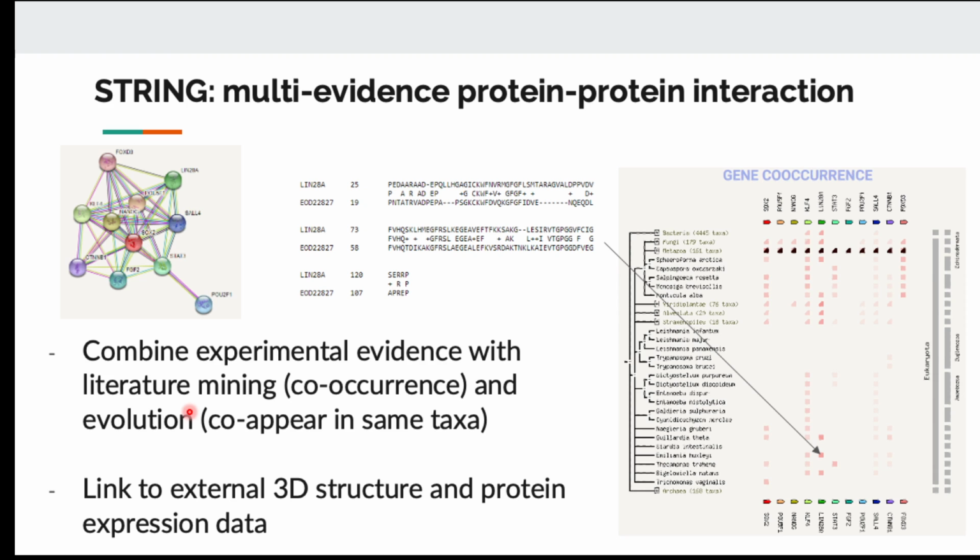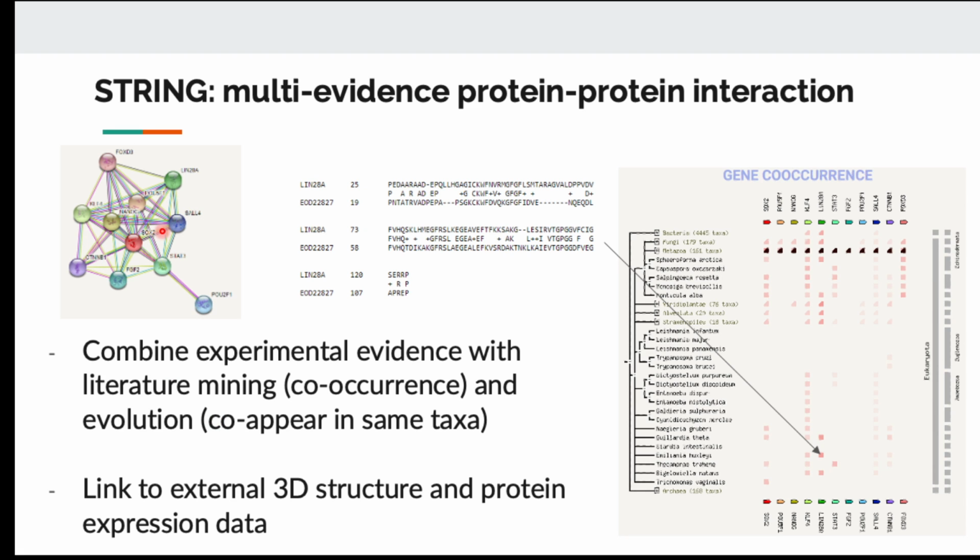So that's an evolutionary evidence that maybe these proteins perform some function together, because in bacteria that doesn't need this function, there is no protein. In higher organisms that need this function, you see all the proteins. So a co-evolution pattern like this can also suggest that the proteins are related somehow. So this relationship in terms of evolution will also be drawn in STRING.